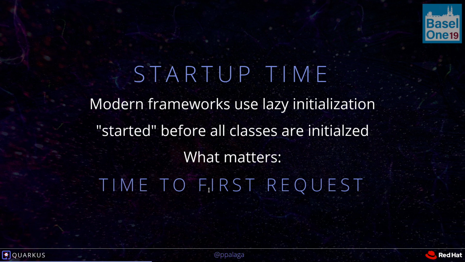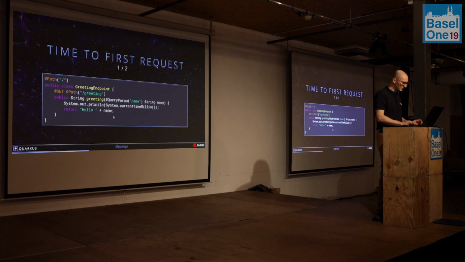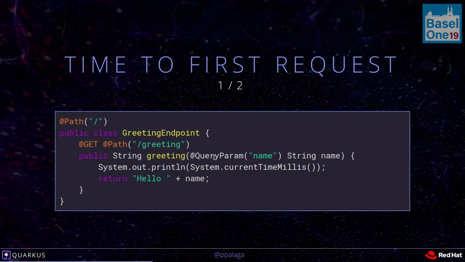And that's something that should tell us the real measure, how much it takes until our request is served. How this can be measured is very easy. You add a simple print line with the current time in milliseconds before the real business logic is executed.